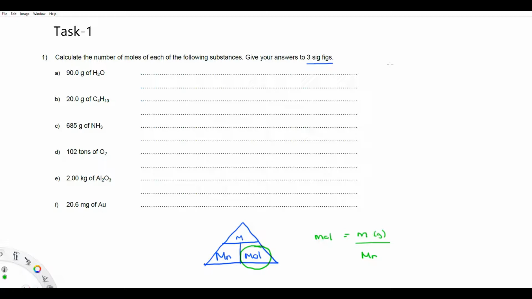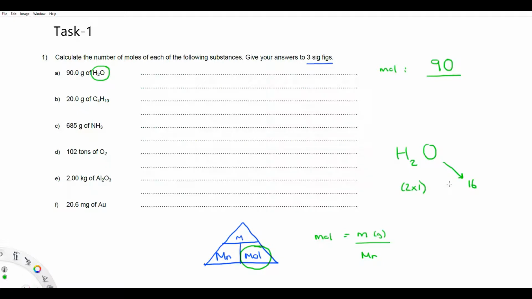Well, here I can work out my number of moles. I have 90 grams and I'm going to divide that by the MR of water. Now my previous tutorial showed you how to calculate the MR of these, but I'm just going to do a refresher. H2O. If you use your periodic table, oxygen has a relative formula mass of 16. Hydrogen is 1, but there are 2 of them.